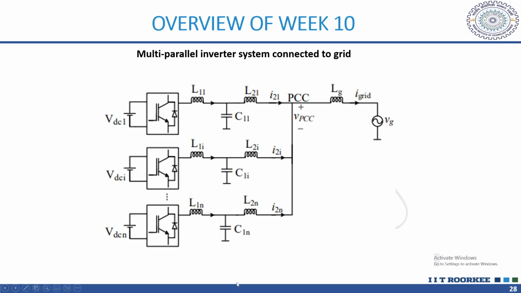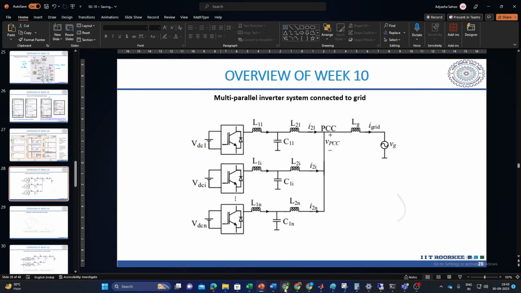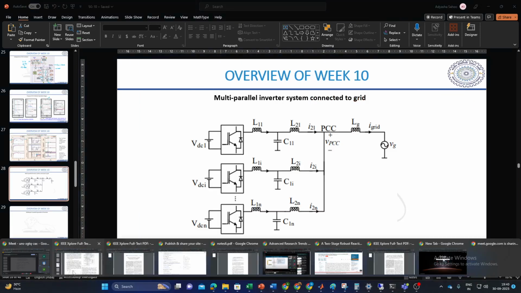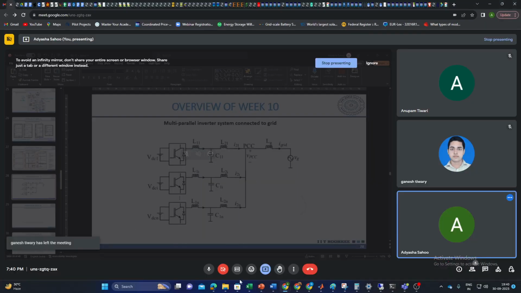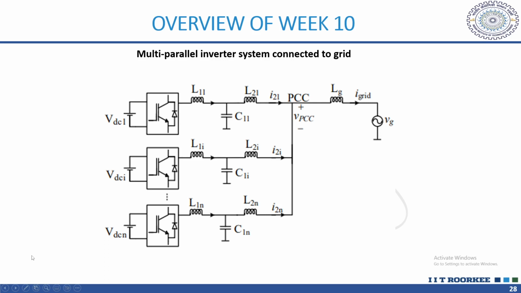Then next, we studied the parallel operation of inverters. We require this parallel operation firstly because as the number of VDC sources, representing let's say PVs, gets added, the inverters are also being added in parallel.